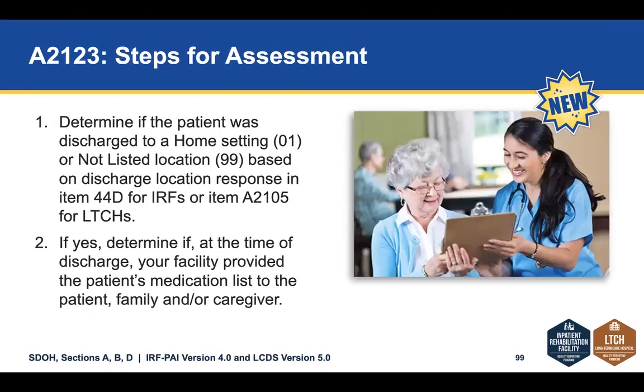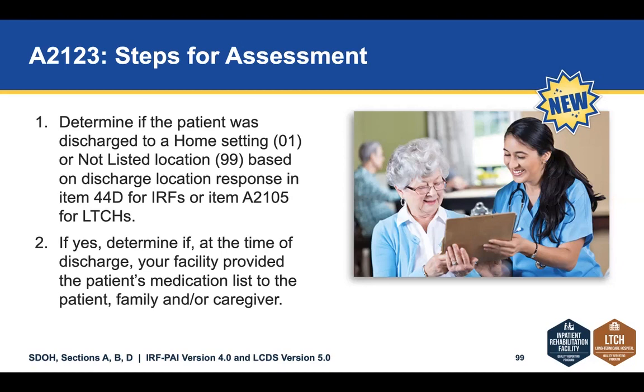The first step the assessor will complete is to determine if the patient was discharged to a home setting or a not listed location. Again, this will be based on the responses in the discharge location items on both the IRF-PAI and LCDS. And remember, those data elements for the IRF-PAI is D44, and for the LCDS, it's A2105.